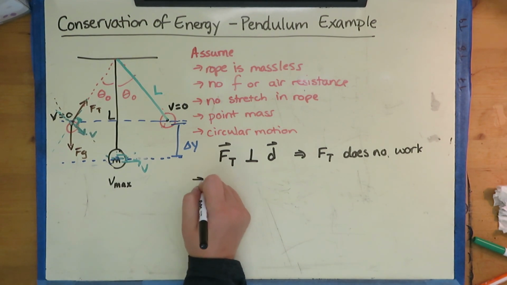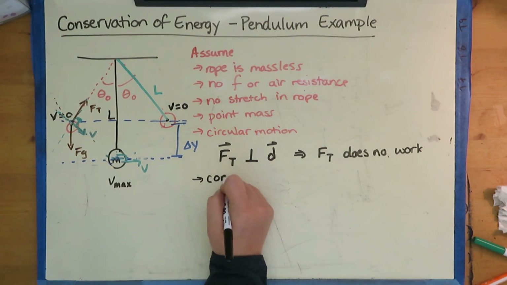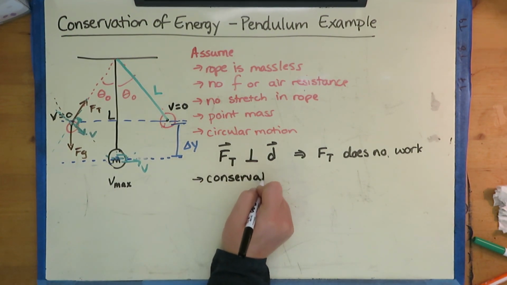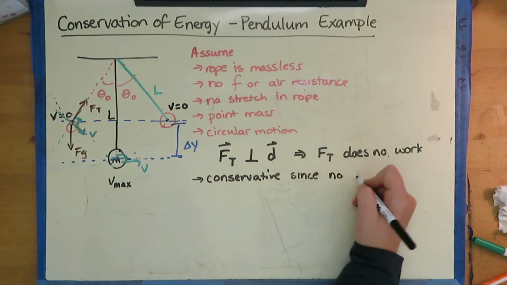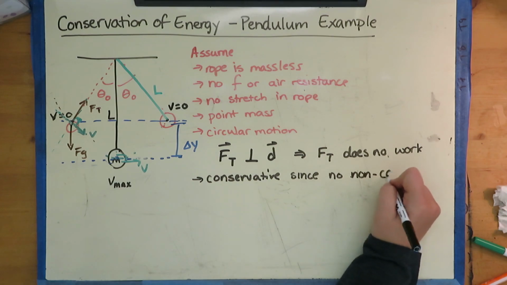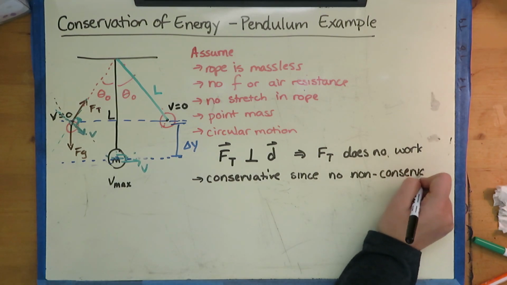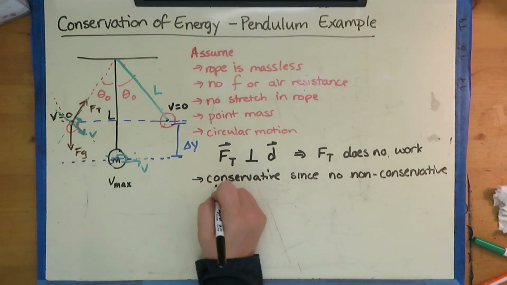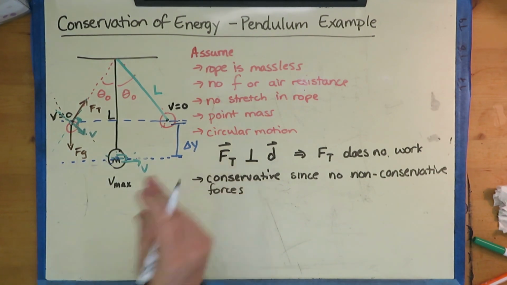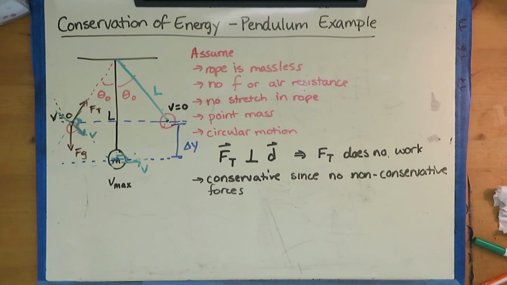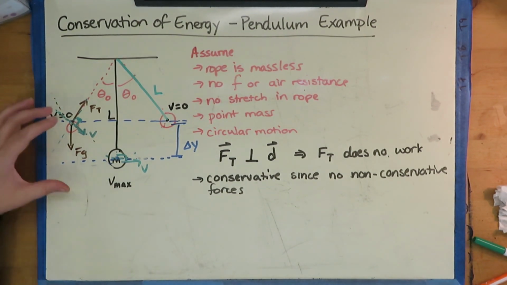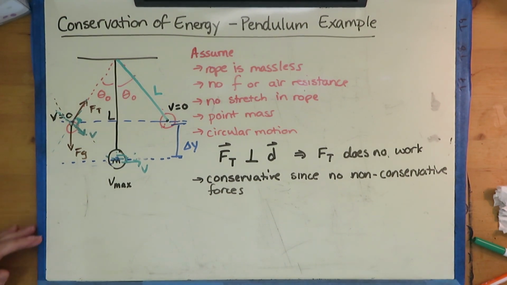So that means that this is a conservative situation since we have no non-conservative forces. Now, if we had air resistance, friction is a non-conservative force. So that's why we have to assume no air resistance here. So what this tells us is that we can use conservation of energy.